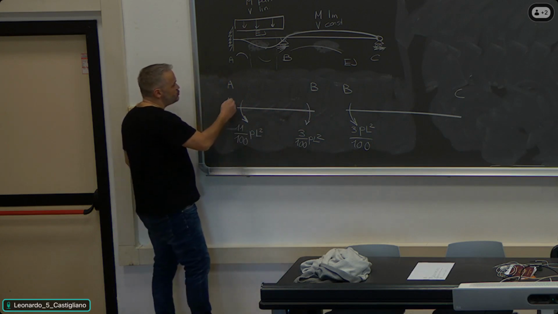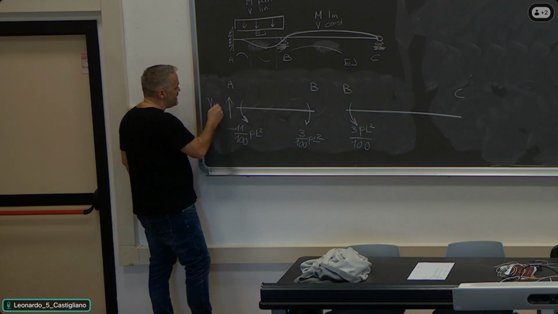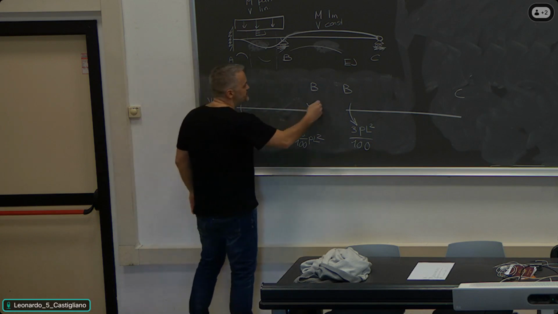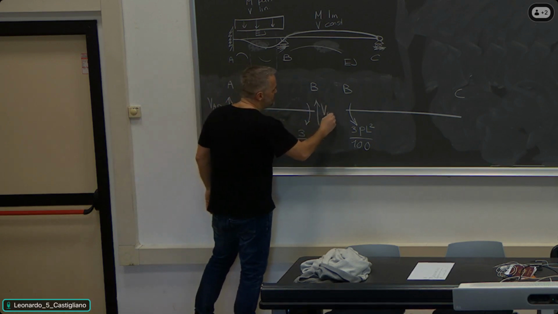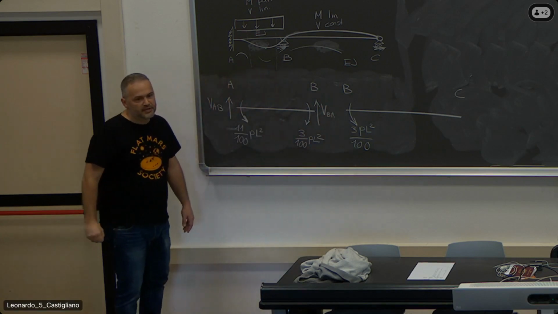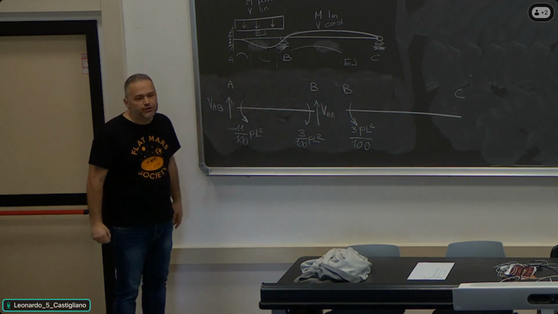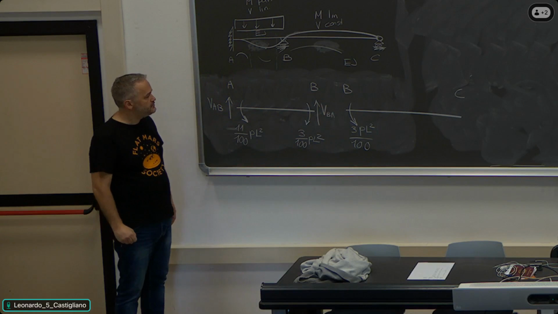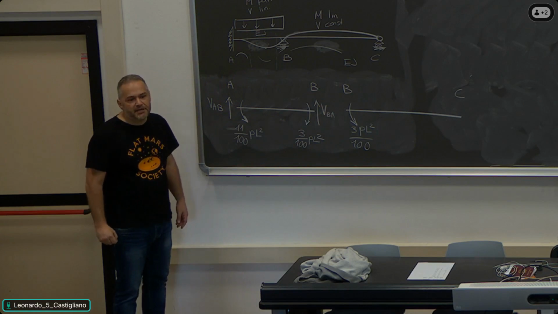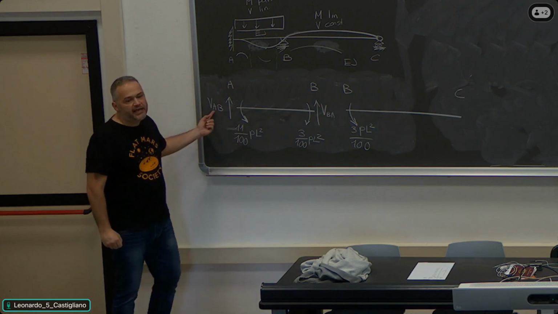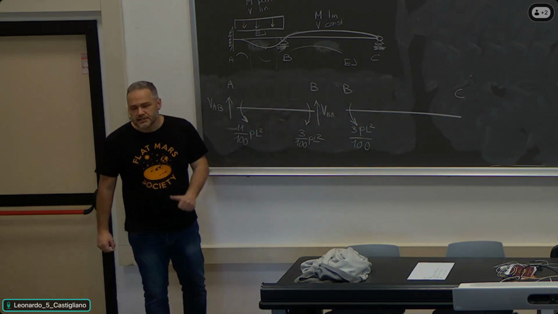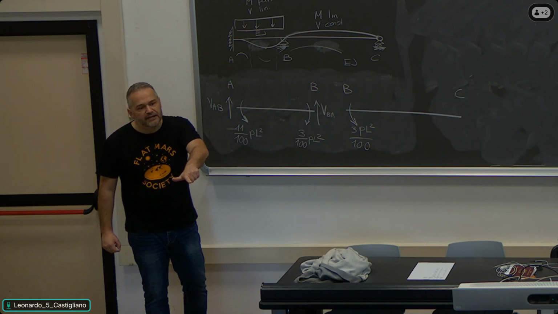My convention is to call this one VAB and this VBA. So basically, it's the two shear forces on span AB, one at point A, the other at point B. My convention, if you have another one, you're welcome to use it, provided you don't mess it up, okay?